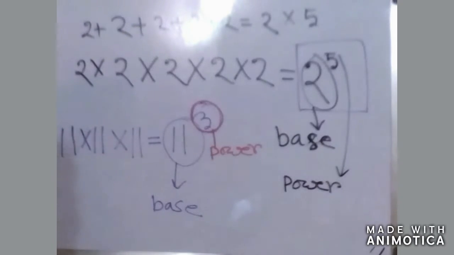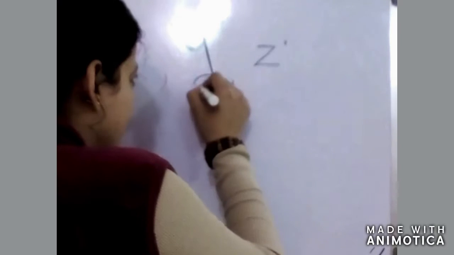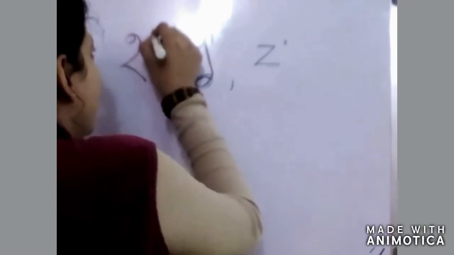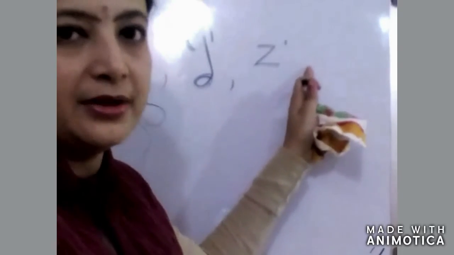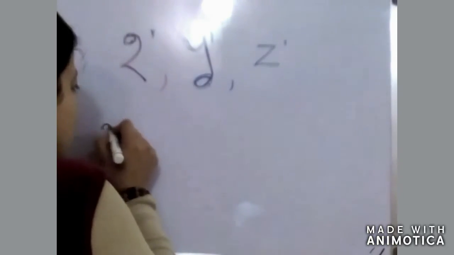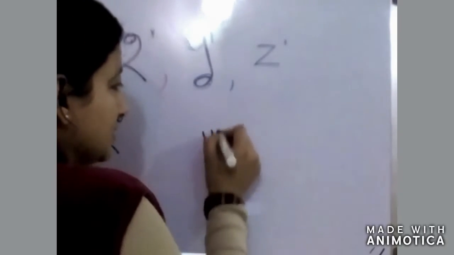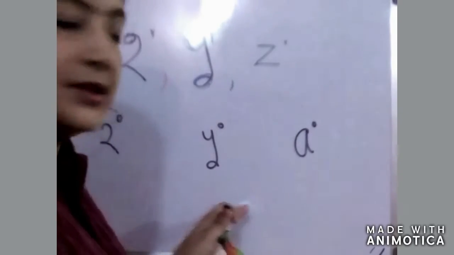In fact, in all these cases, power is 1. As the power is 1, generally we don't write the power. But what happens when it is to the power 0, like y to the power 0 or a to the power 0?